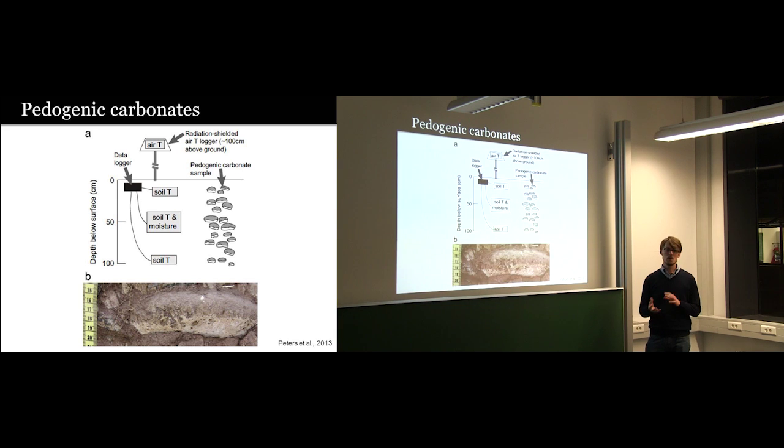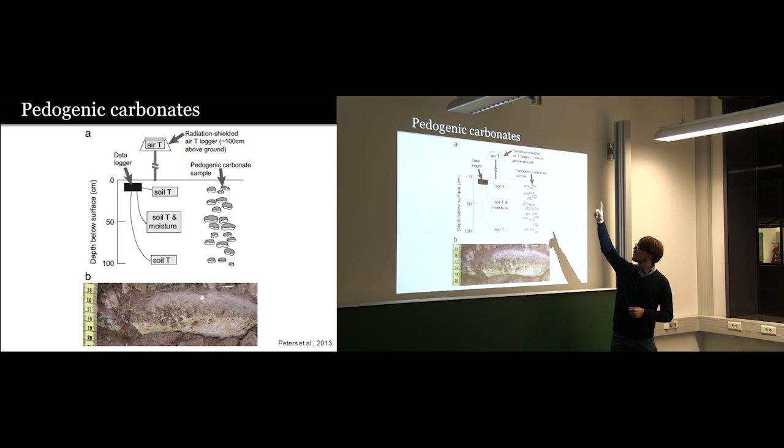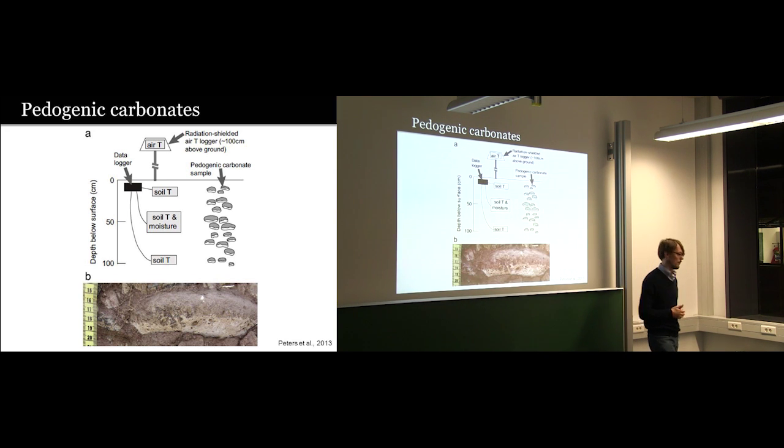This usually occurs in equilibrium with the soil water, so this means the environmental water that was present at that time as the carbonates were forming. And this just illustrates that at a certain depth, up to 1 meter, you form soil carbonates.